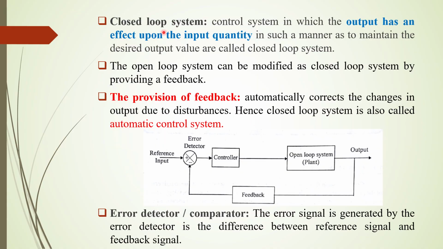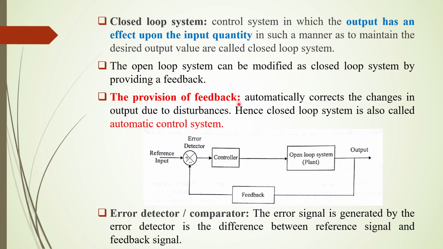Next, closed loop system. A closed loop system is one in which the output has an effect upon the input quantity in such a manner as to maintain the desired output value. The open loop system can be modified as a closed loop system by providing a feedback.